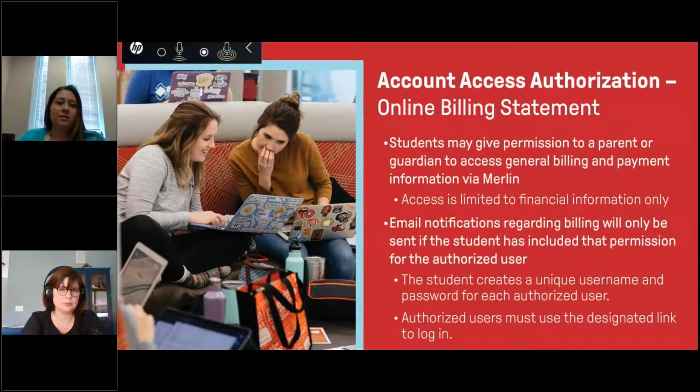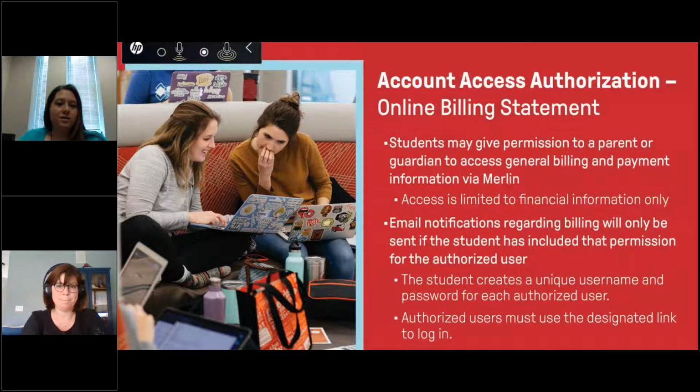A second way that I also strongly suggest that students give to their parent or guardian is the ability to access electronic information online. So it's on Merlin. It's a different login area, but it's still on Merlin that you would give to an authorized user. You would set up as a student the authorized user's name and password, and then what information you would like them to see.